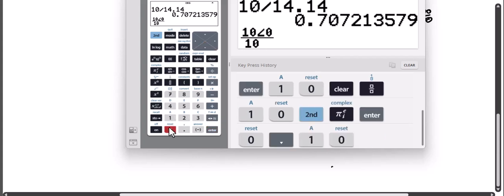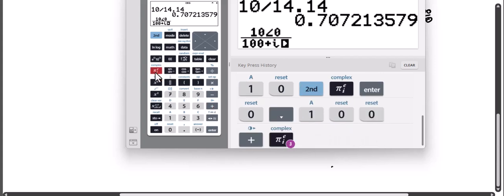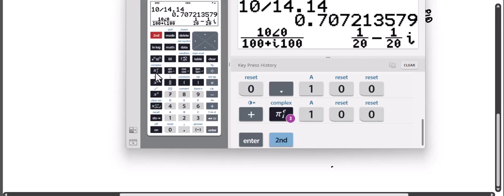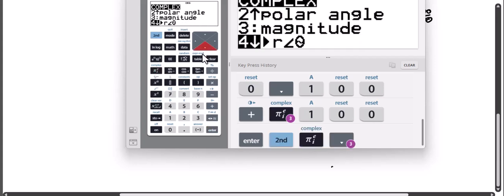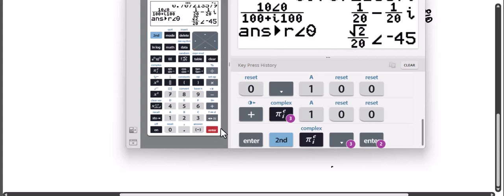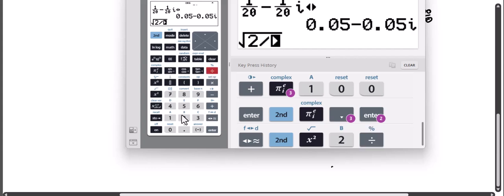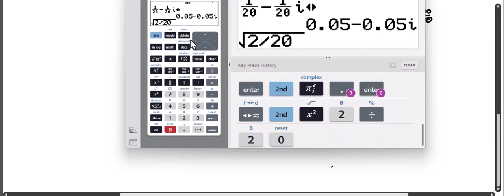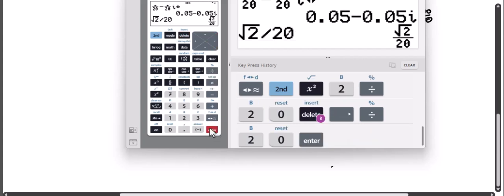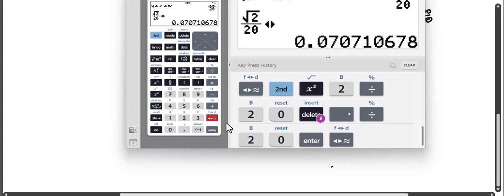Over 100 plus J100 equals, and then convert that to phasor, and then get the approximate, it was square root of 2 over 20. 0.0707.